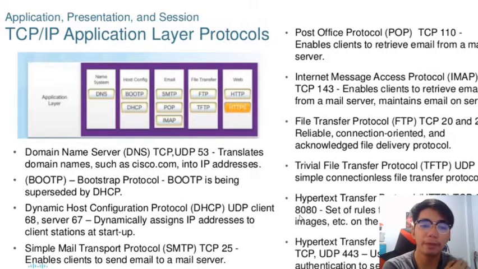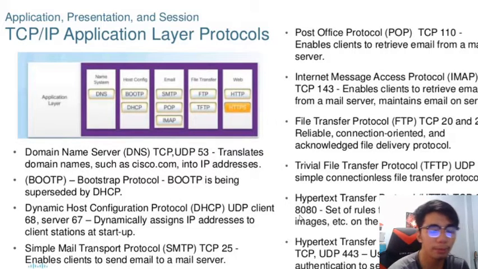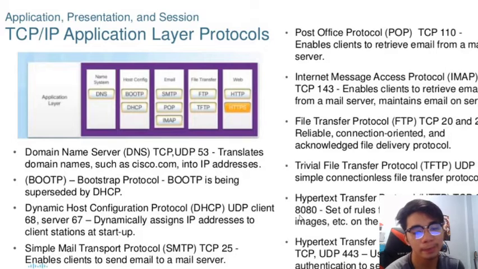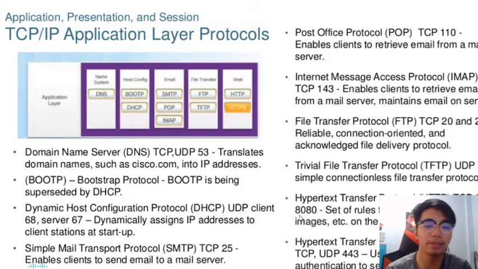Then FTP, or File Transfer Protocol, is reliable, connection oriented and acknowledged. And TFTP, Trivial File Transfer Protocol, is a simple connectionless file transfer protocol. Then HTTP is a set of rules for the web, graphic images and the World Wide Web. Then HTTPS is a secure mode of HTTP.